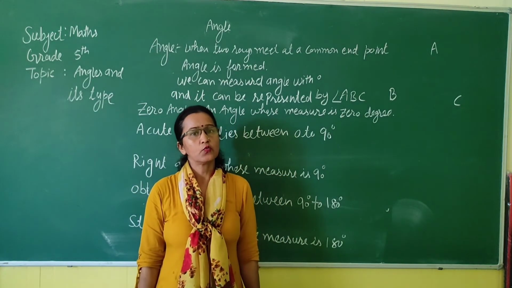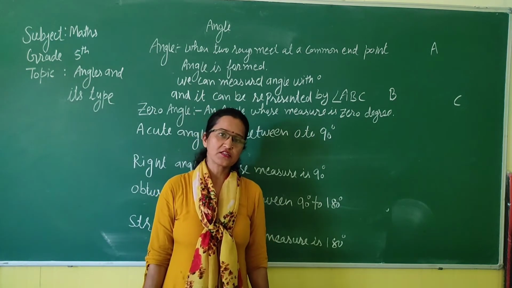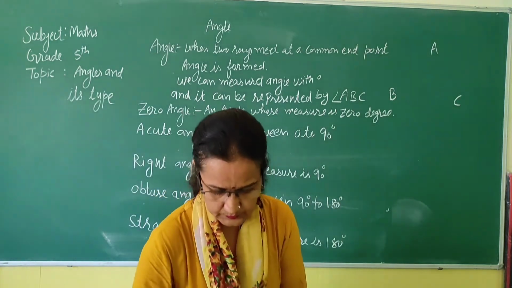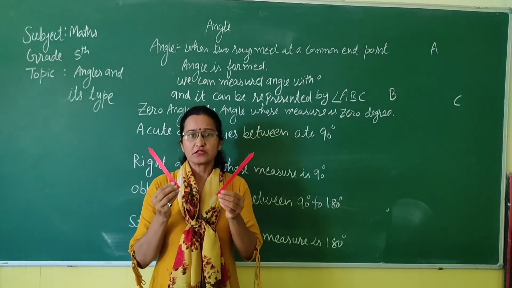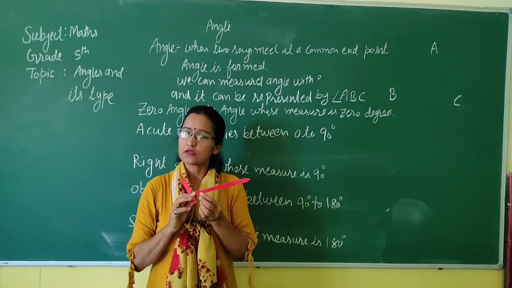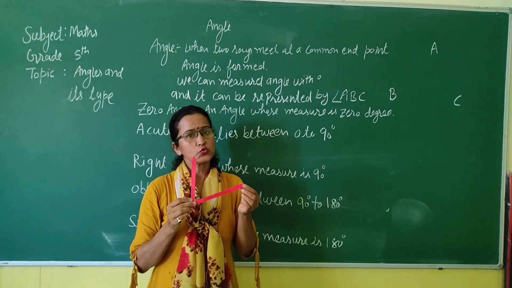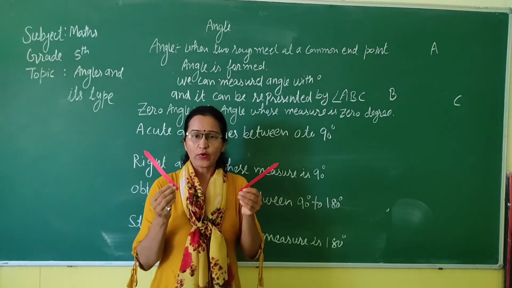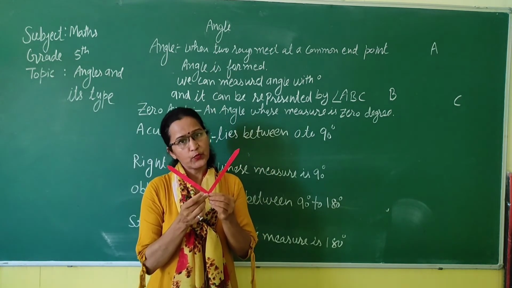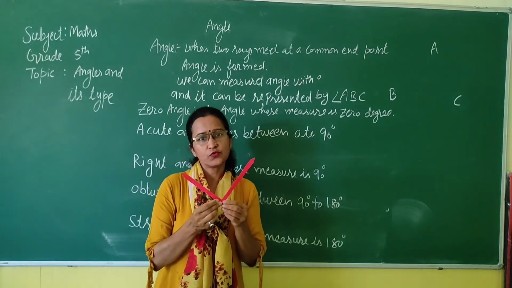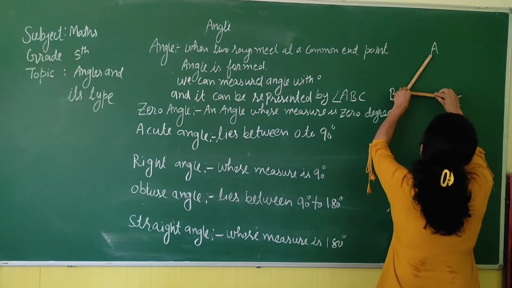What is an angle? When two rays meet at a common point, then an angle is formed. Now, what is this? These are two rays, because there is one end point and it extends in another direction. So when these two rays meet at a common end point, then an angle is formed. So this is an angle.